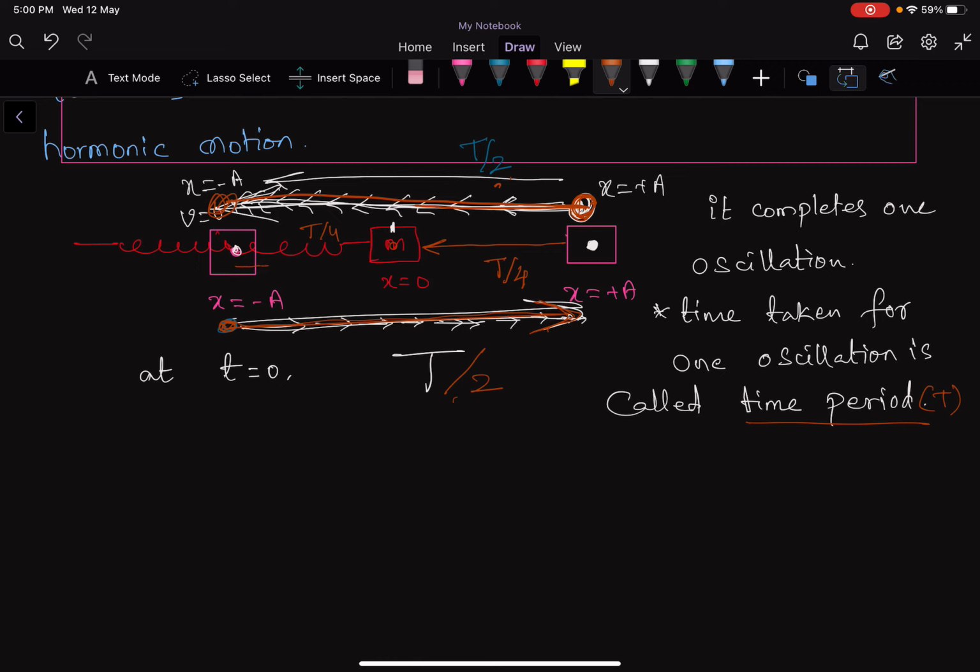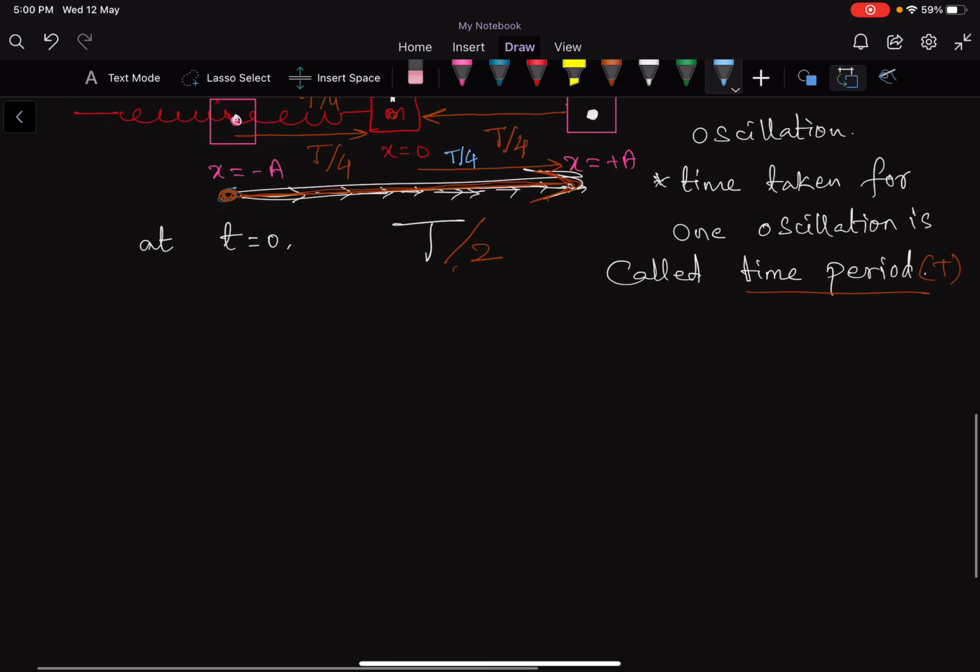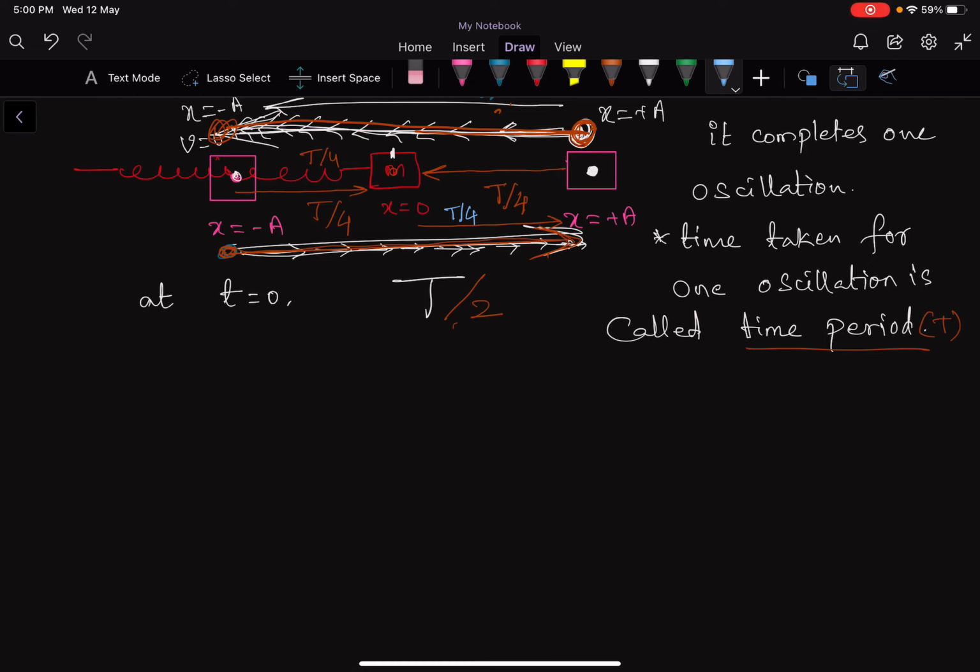Time taken from negative extremum to mean is again T by 4, and from mean position to positive extremum is again T by 4. I am taking time intervals of T by 4 here. We know time period T is equal to 2 pi by omega, and omega is equal to 2 pi by T.